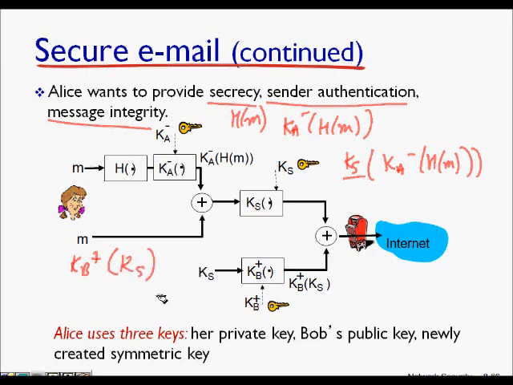So when Bob receives all this, he first decrypts the shared symmetric key: he will apply Kb minus to Kb plus Ks, and only he can find this Ks because he has the private key. So he finds Ks.